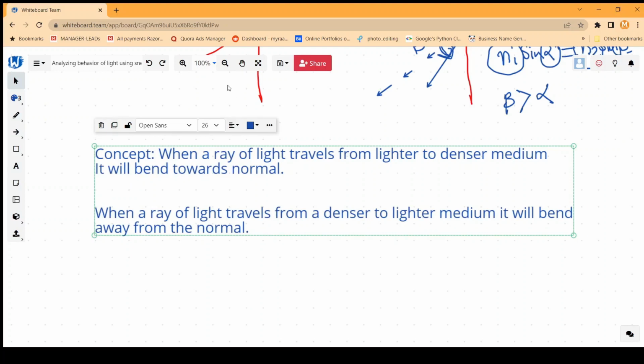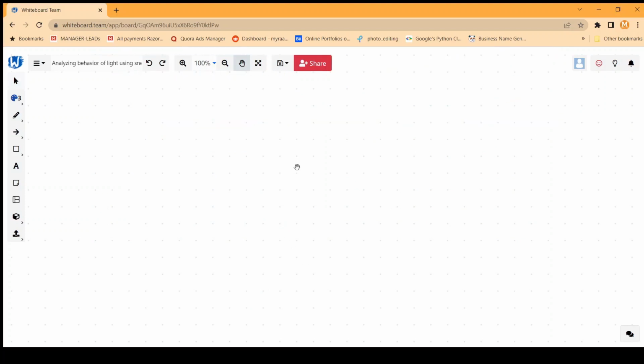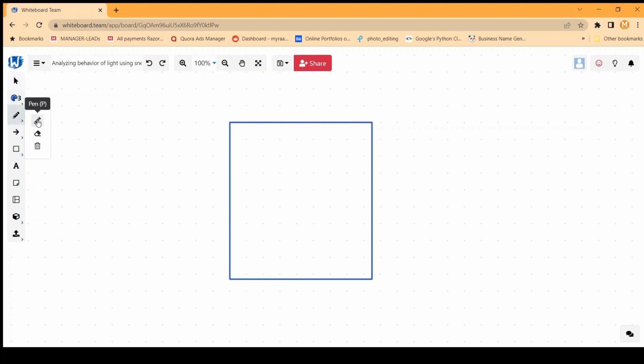Now let's observe the behavior of light in different circumstances like this. So let's say we have a glass slab, okay, and it has a refractive index n1, and we know that it is always going to be greater than 1, right?